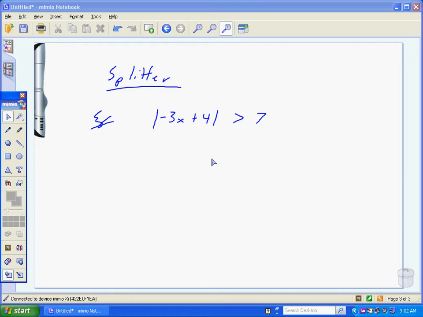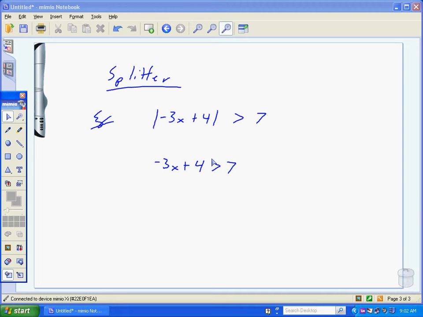Okay. How do I know this is a splitter? Yeah, the greater than symbol, right? And I'm going to take that and write it down again, just the way it is. Just like I said, every time you write your original down, greater than 7. Now I've got to think of that for a second, because that's how I figure out the other side. What's a number greater than 7? 8.